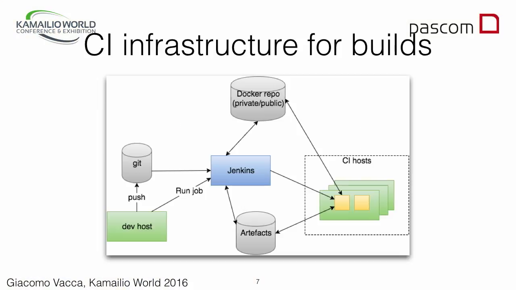So for the build automation, we can imagine a very simplified architecture where Jenkins is the main CI tool orchestrating the builds, and developers just work on their machines. They push to Git when they're finished, and then they can trigger specific jobs.